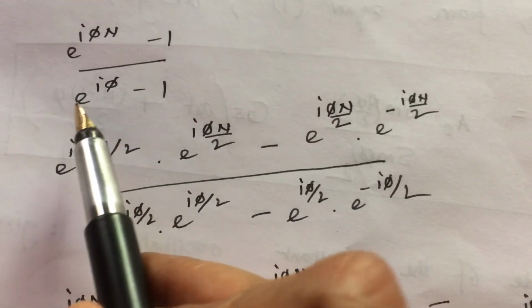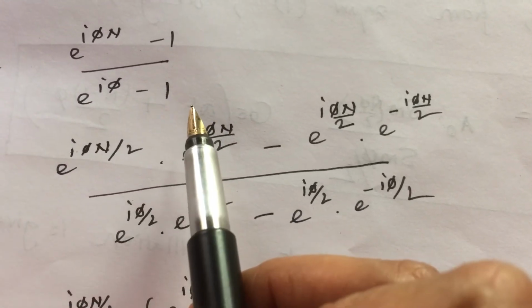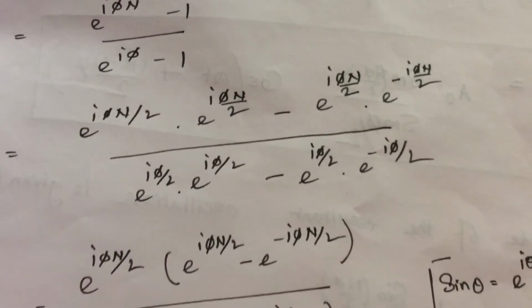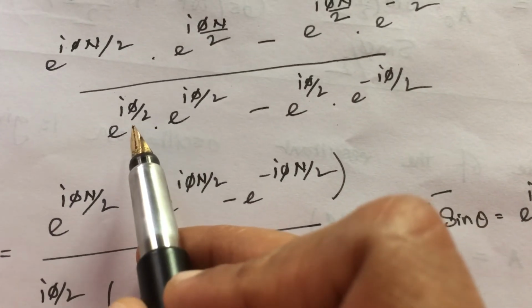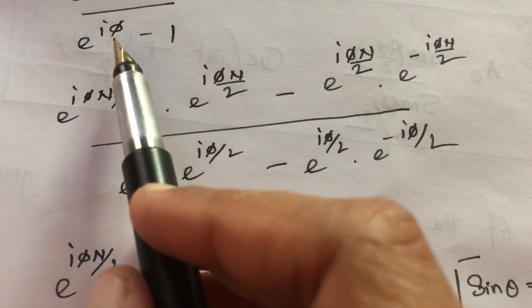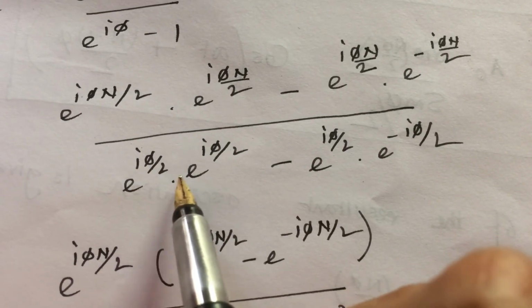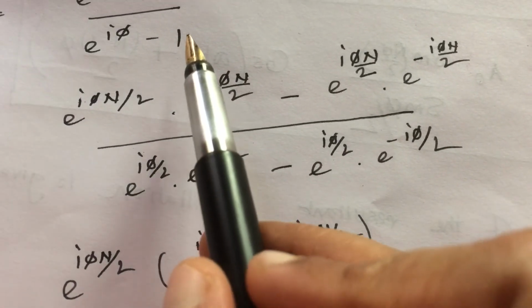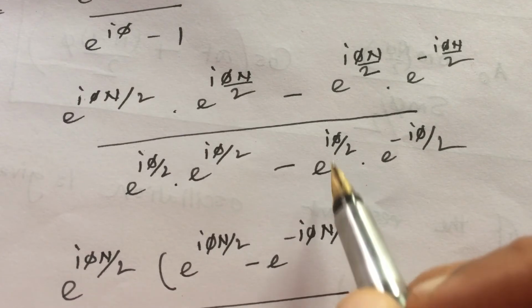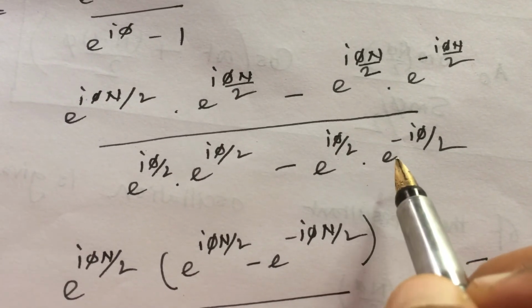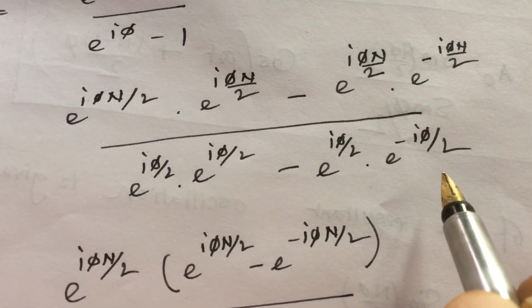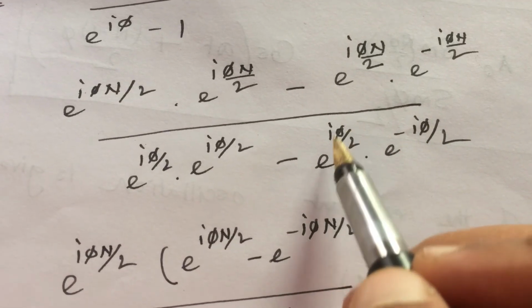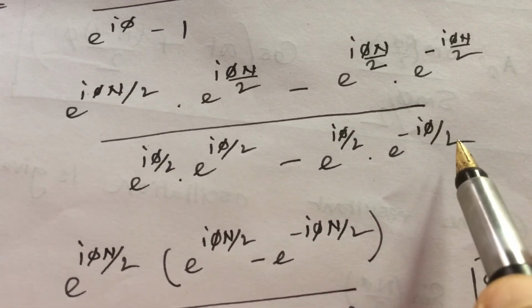And I have made the same thing in the denominator also. So in the denominator I will have, in place of this, e to the power iφ by 2 into e to the power iφ by 2, and instead of 1 I have written e to the power iφ by 2 into e to the power minus iφ by 2, so that iφ by 2 minus iφ by 2 get cancelled out.